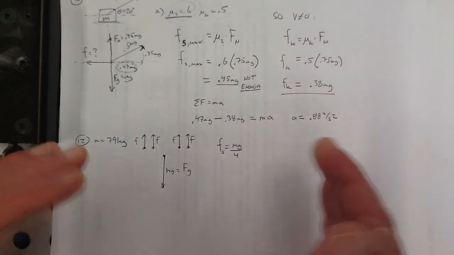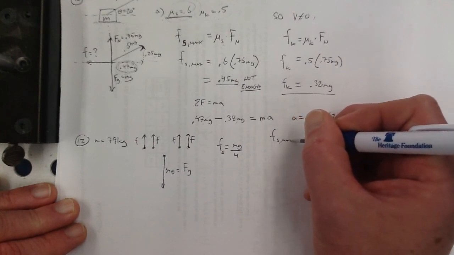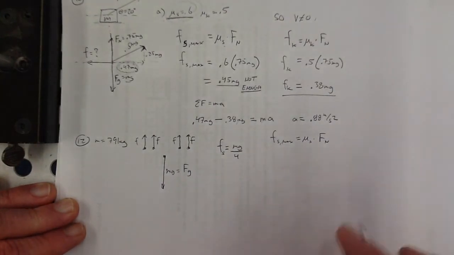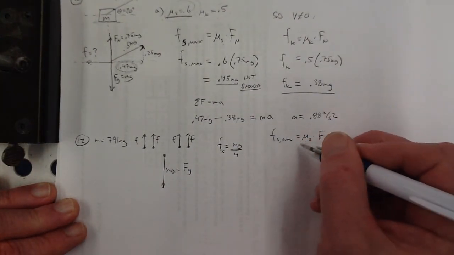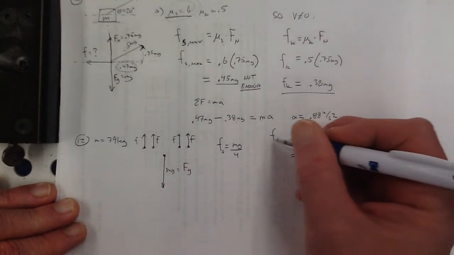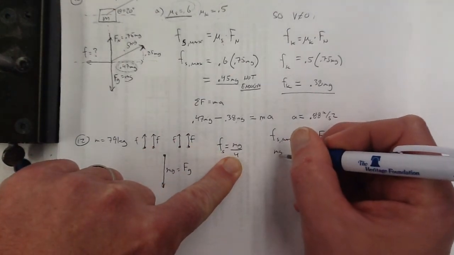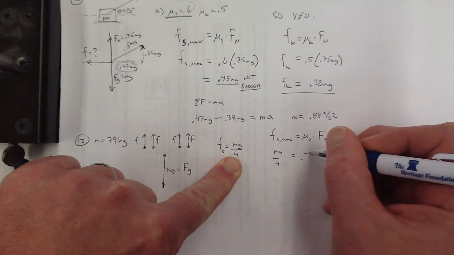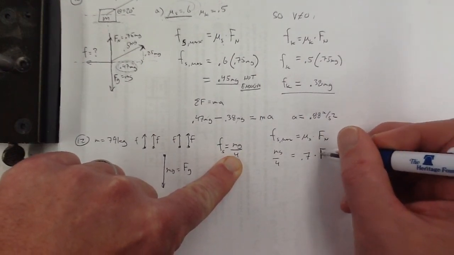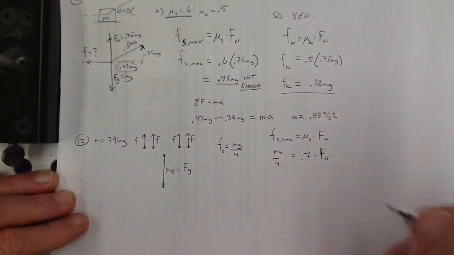So if we're at that maxed out condition, then we can use this, right? So this frictional force, mg over 4, is equal to the static coefficient 0.7 times the normal force. That's what we're looking for, right? That's how hard he has to squeeze.